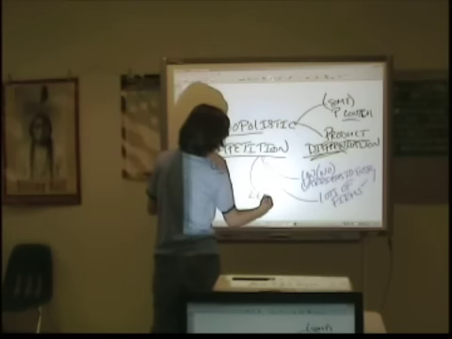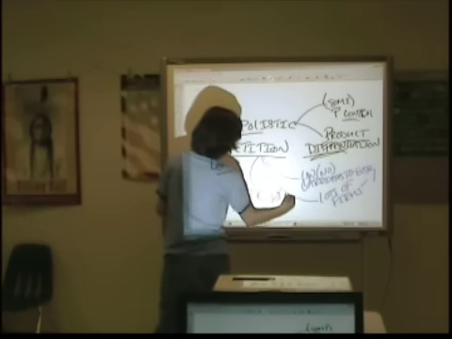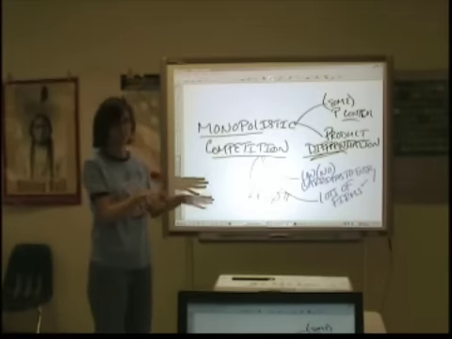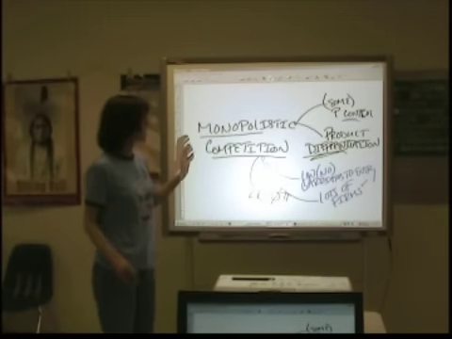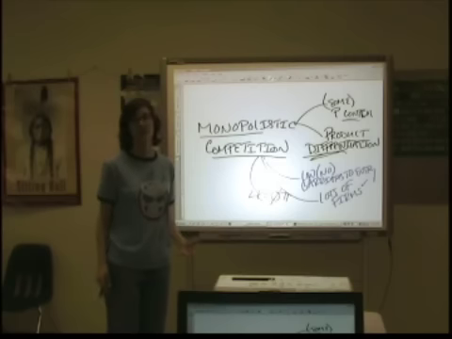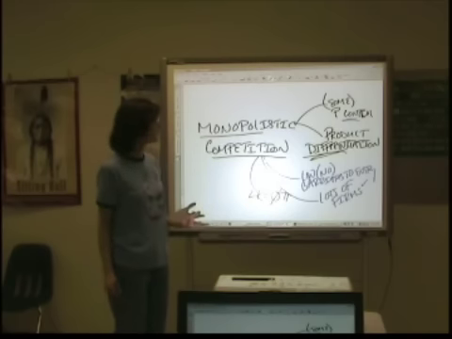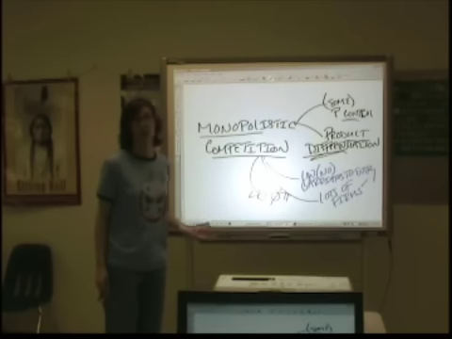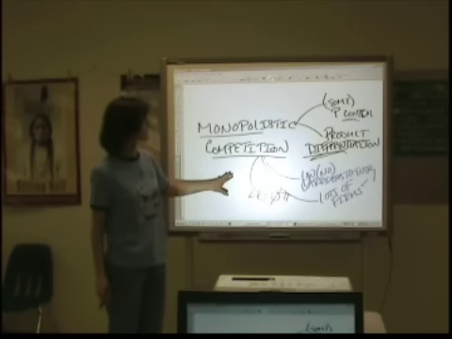Long run, zero economic profit. Because with low barriers to entry, it's the kind of thing that's not that difficult to get into. You don't have to invest huge amounts of money to do it. People see you're making all this money, they're going to want to get in on it too. So for the same kinds of reasons.